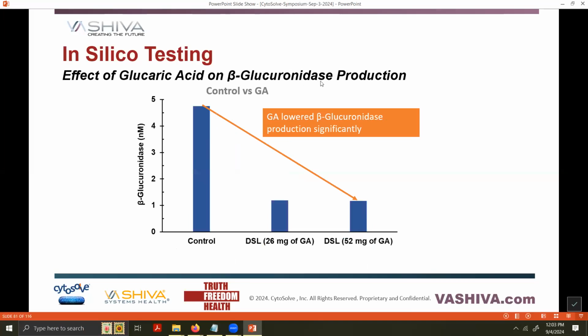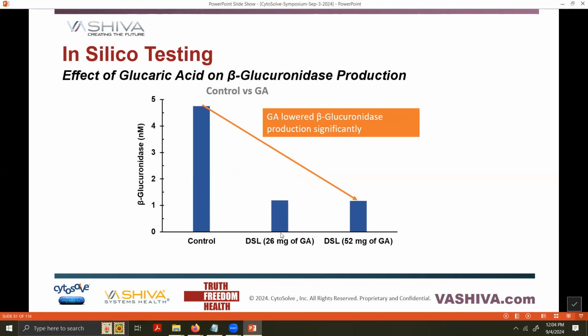Lastly, we have the beta glucuronidase production. This is an enzyme that you need to keep low to maintain liver health. Here also, at 26 mg, we found a pretty drastic reduction in the levels of beta glucuronidase. Any further addition of glucaric acid did not improve the results.